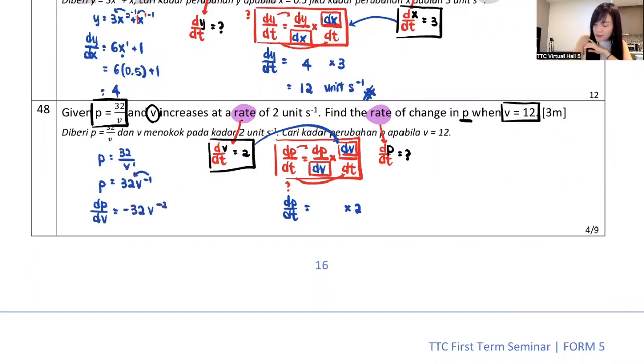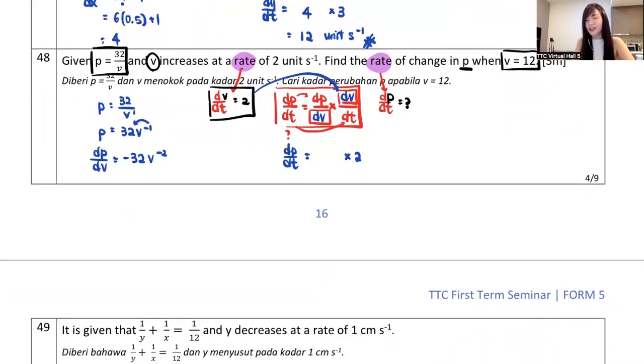Then power -1, becomes -2. They don't stop here. I see a lot of my students like to stop like that. It's very hard if you stop like that, because the negative power is a bit ugly, and you might get confused later because of the negative. So always try your best to make the negative disappear. How do I make the negative disappear? My dear, power -2, you can always bring it down. So V power -2, I bring it down to power 2. Why I bring it down is power 2.